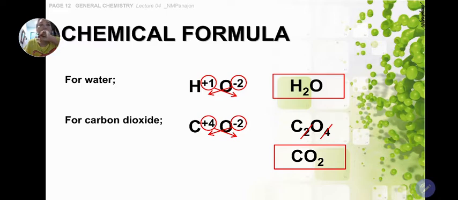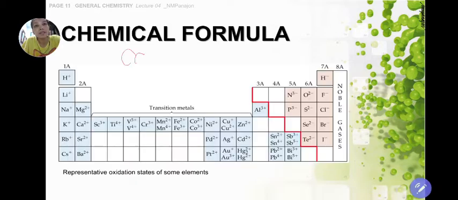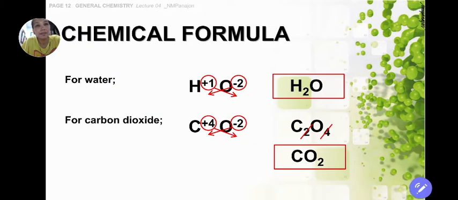So this is the writing of a chemical formula. For example, we have water, we have hydrogen and oxygen. Dun sa table natin, hydrogen is positively charged with a +1 charge, or oxidation state. While we have oxygen, we have -2.